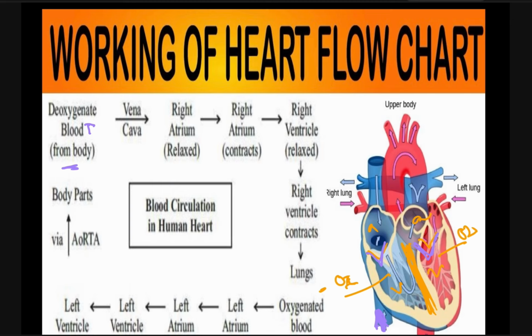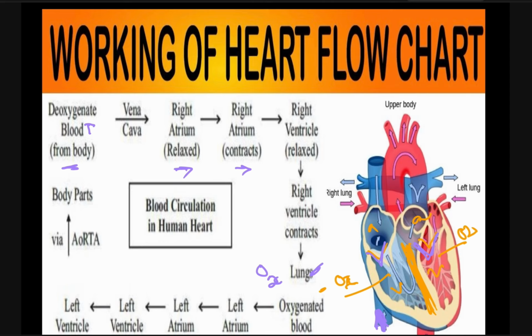So when the atria relax, they bring in the oxygen deficient blood, deoxygenated blood, to the right atrium, and then the atrium contracts and pushes the blood to the right ventricle, and the right ventricle then sends blood to the lungs, and from the lungs oxygen is transported to the blood.